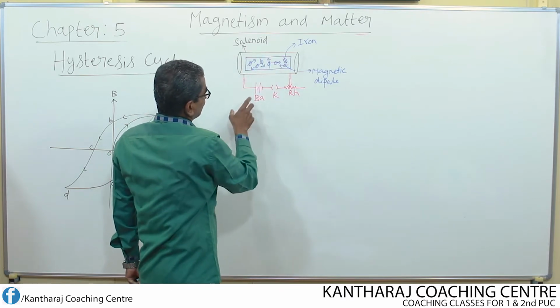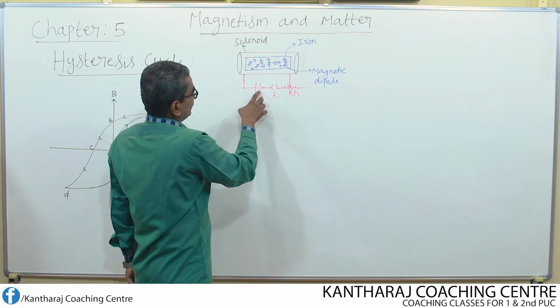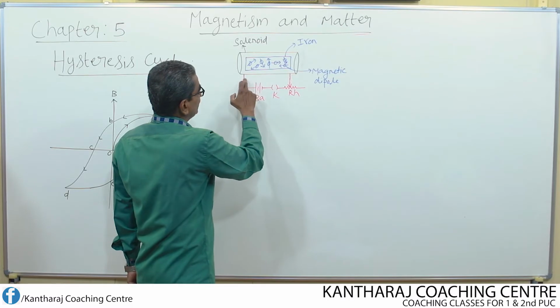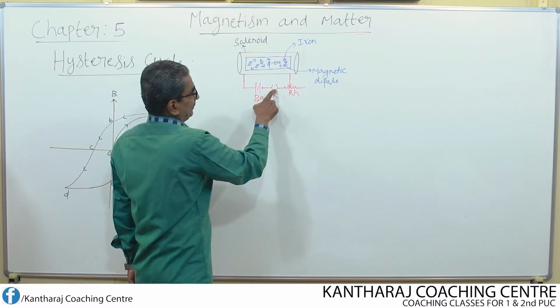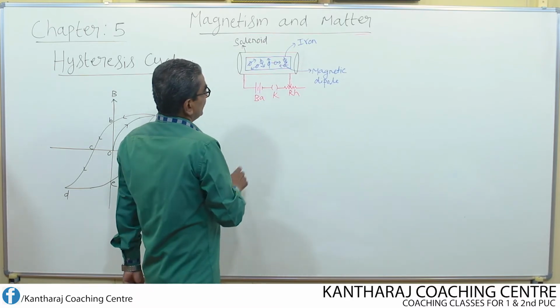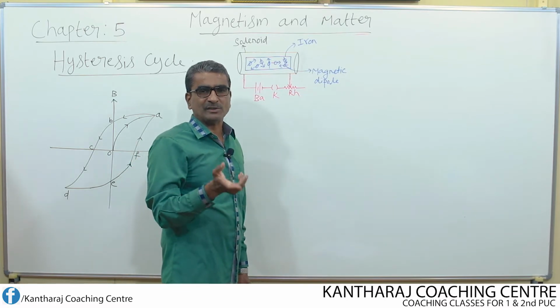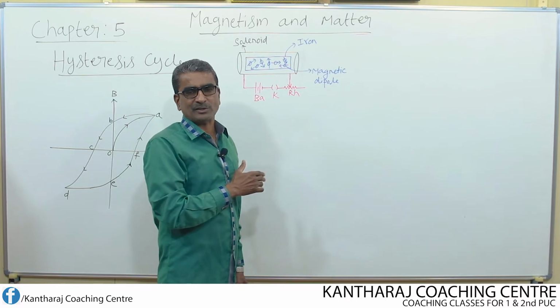Now the solenoid is connected to one simple circuit. How? The solenoid is connected to a battery through a plug key as well as a rheostat. That means the two terminals are connected to the battery, plug key and rheostat, which are all in series. A rheostat is used to vary either the potential difference or the current in any circuit. So that's the main function of a rheostat.